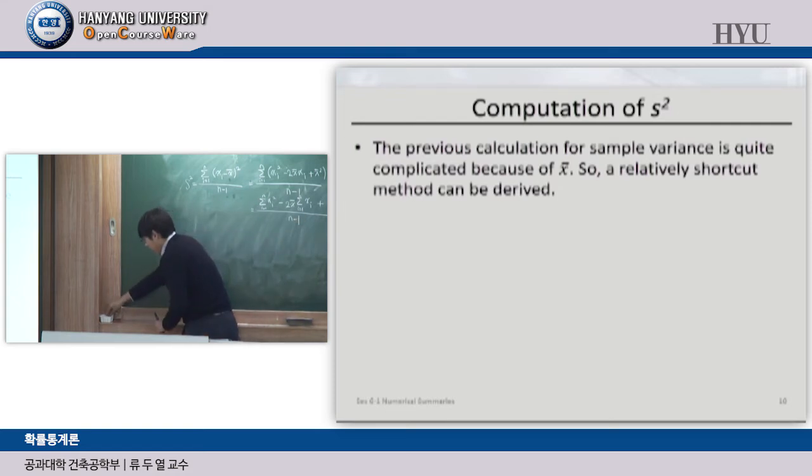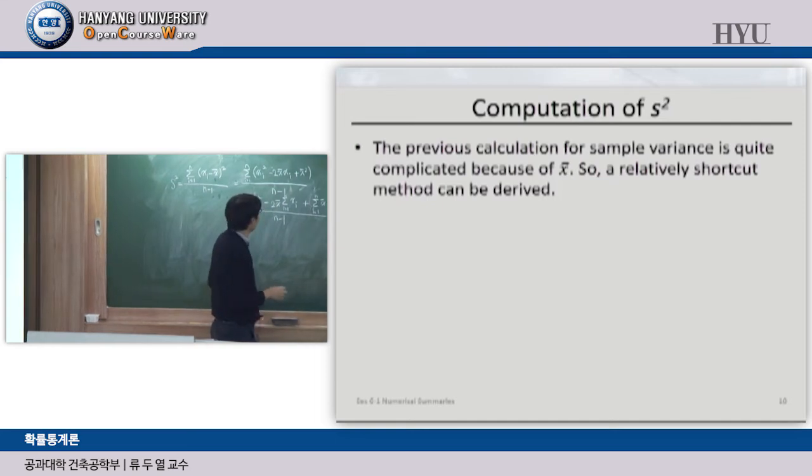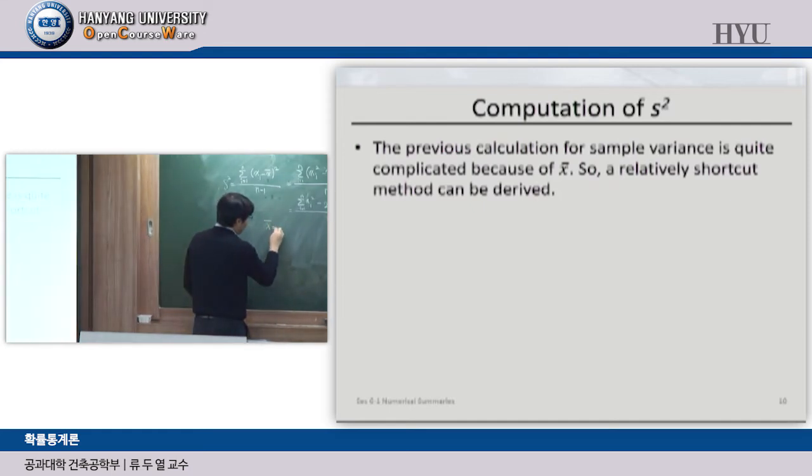And in this case, this is equal to n times x bar square, right? And also, the definition of the x bar is equal to the summation of i from 1 to n of xi over n. Do you remember this equation? So the summation of i from 1 to n of xi is equal to n times x bar.